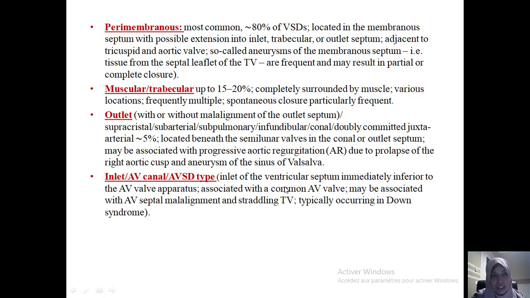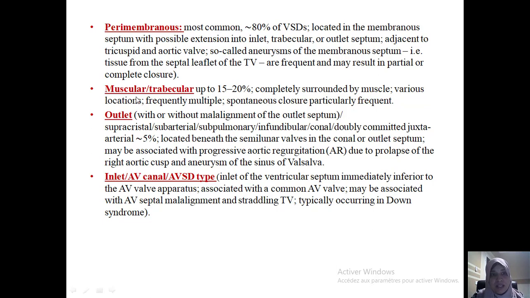The most common one is the perimembranous ventricular septal defect, accounting for about 80% of all types. It's located in the membranous septum with possible extension into the inlet, trabecular, or outlet septum adjacent to the tricuspid and aortic valve.